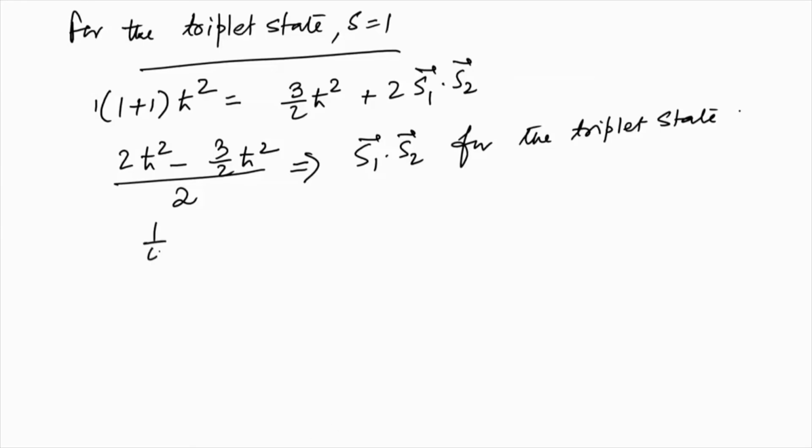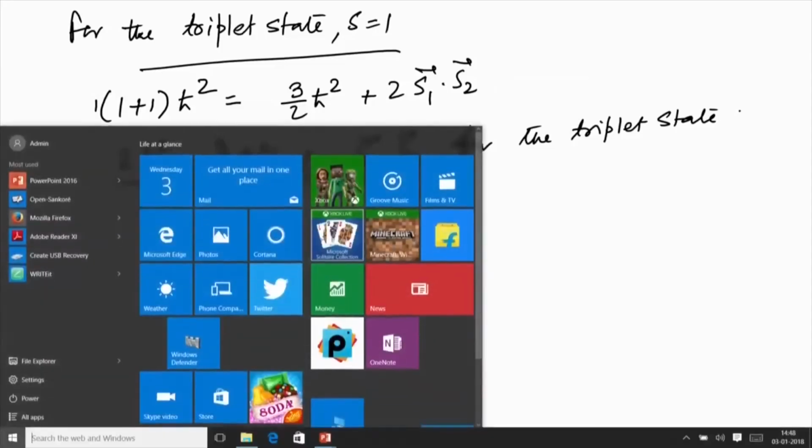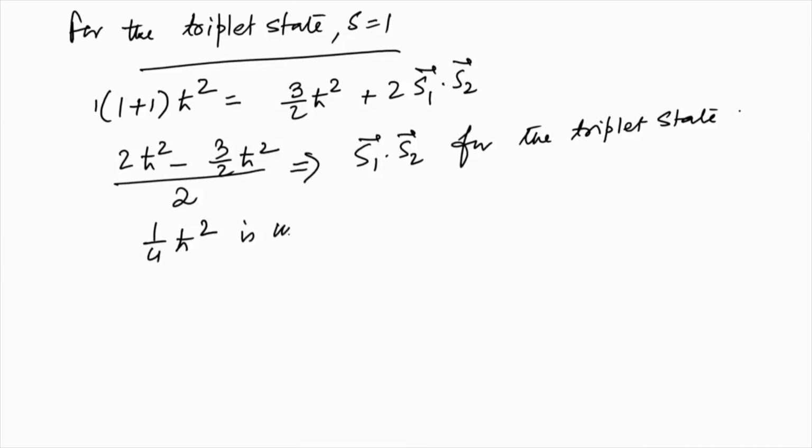So, this is equal to 1/4 h cross square. So, 1/4 h cross square is the eigenvalue, in short E value I am writing, for the operator S 1 dot S 2 for a 2 particle problem.